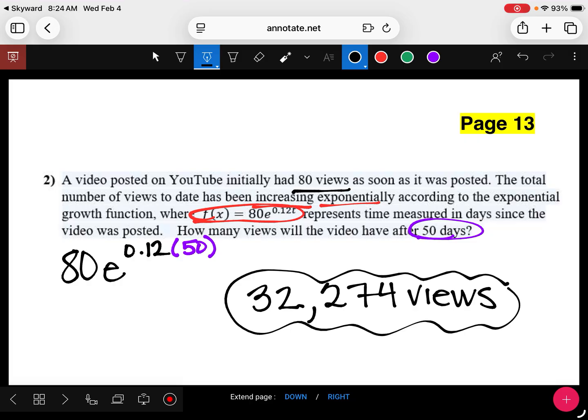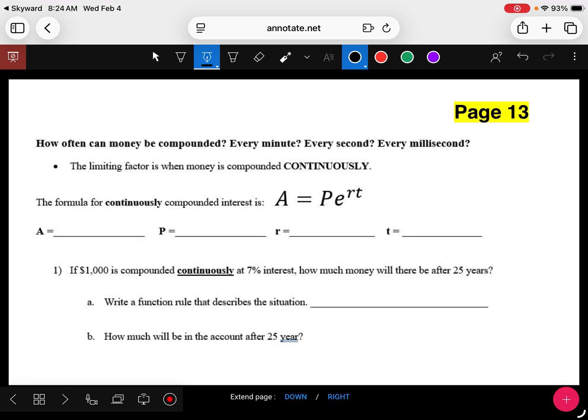All right, so remember in the bell work, I said we had three formulas. Now I'm adding formula 4. This is for back to money. If you see the word compounded continuously, highlight, circle that word continuously. So not monthly, not weekly, not daily, not quarterly, but continuously. This is the formula that we're going to use.